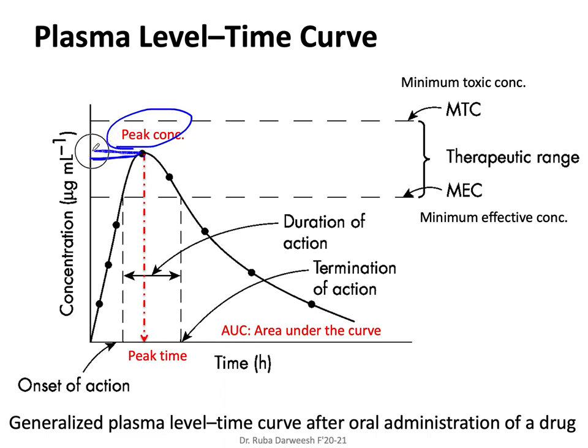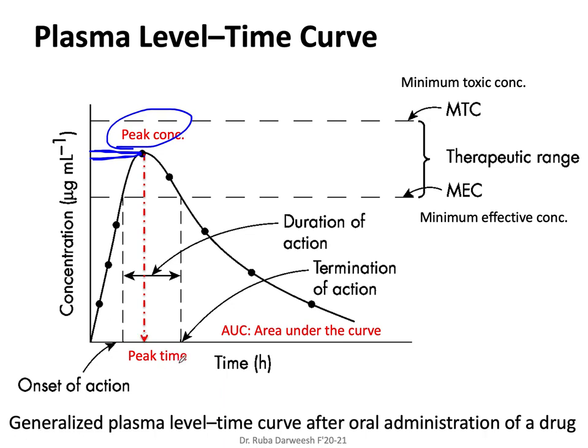What we mean by that is the highest concentration that we can reach. And this is one of the parameters, which means that after we build the model, we can define the model with this. We can say that ciprofloxacin has a Cmax, or C peak, that is equal to this.